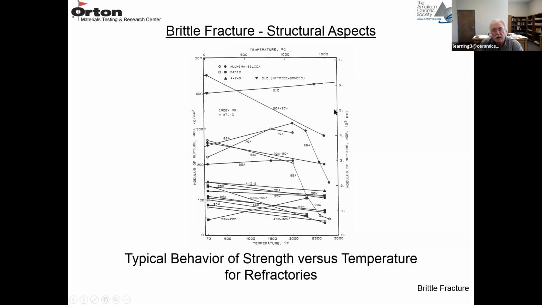We're not measuring at a high enough temperature where deformation would take place. And all these basic refractories, for the most part, are slowly decreasing with strength, except for this one here, which is showing some stress relief. So that's what you'll see for most refractories, maybe a slight rise in strength due to stress relief, followed by a rapid decrease in strength when you get close to their use temperature.